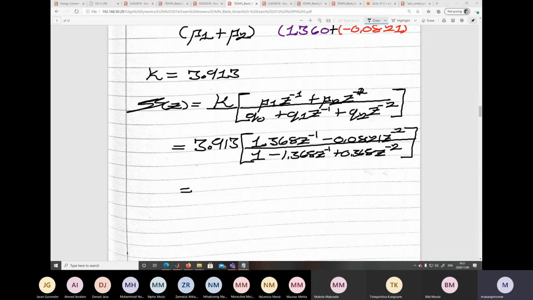I'm just going to write this out. 3.913, 1.368 minus 0.0. In fact, can somebody tell me what the numerator is? I don't have my calculator on me, unfortunately.